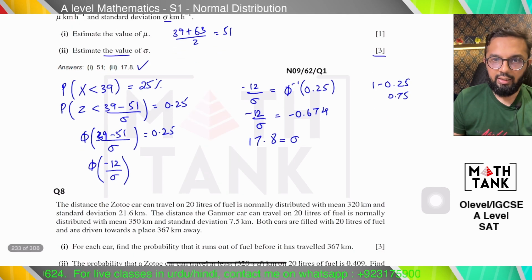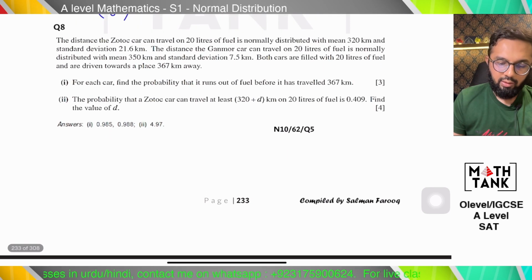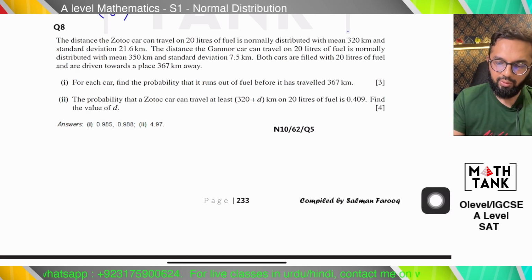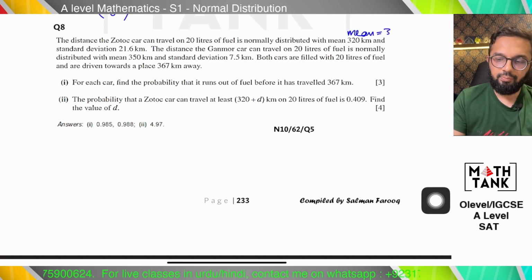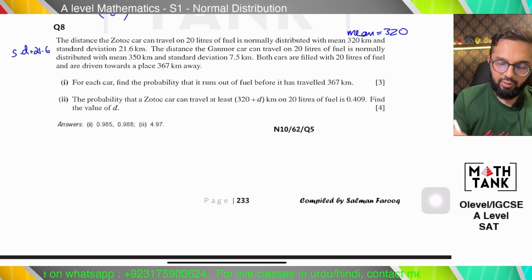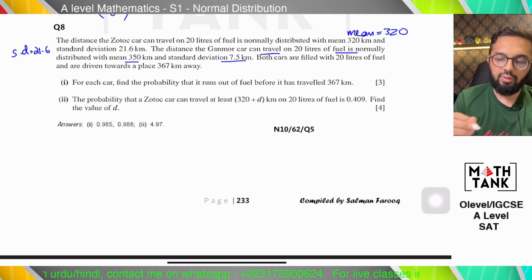Let's go on to the next question quickly. It says the distance the Zotok can travel on 20 liters of fuel is normally distributed with mean 320 and standard deviation 21.6. The distance the Ganmore car can travel on 20 liters of fuel is normally distributed with mean 350 and standard deviation 7.5.